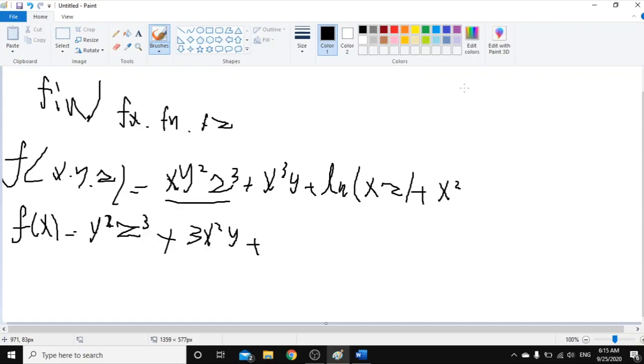The ln, as I said, is 1 over x, or you can say it's the derivative of the inside over the normal equation. So we can write here the derivative of x is 1 times z is z, so z over x times z, plus the derivative of x squared is 2x.